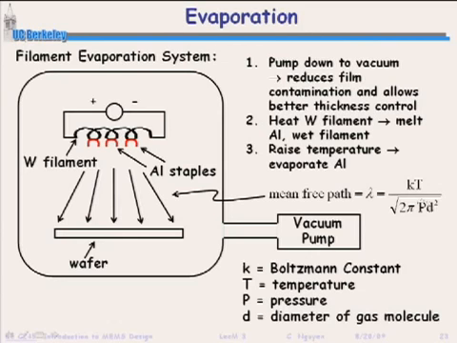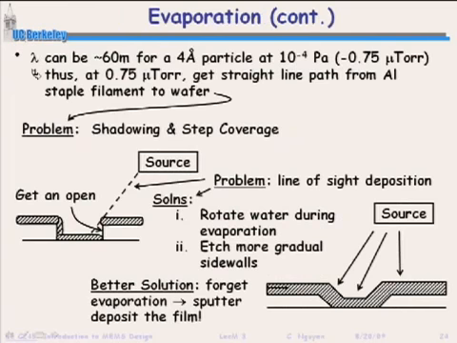And so, if you put your pressure at 0.75 microtorr, where these things usually are, they get down to the 10 to the minus 7 torr, 10 to the minus 6 torr level, you're looking at a mean free path that's 60 meters. Okay, so the chances that a 4 angstrom particle is going to hit something going from your filament to your wafer is very small.